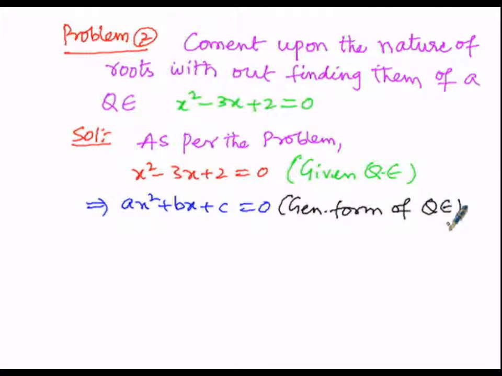By comparing the coefficients of x square, x and the constant: the coefficient of x square is a, and in the given equation it is 1; the coefficient of x is b, and in the given equation it is minus 3; the constant is c, and in the given equation it is 2.